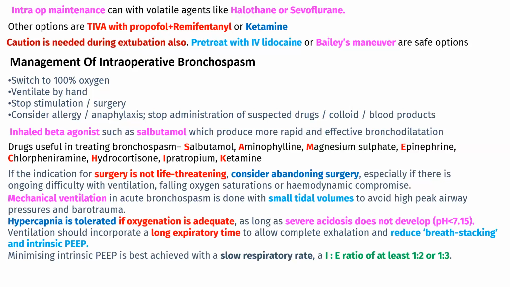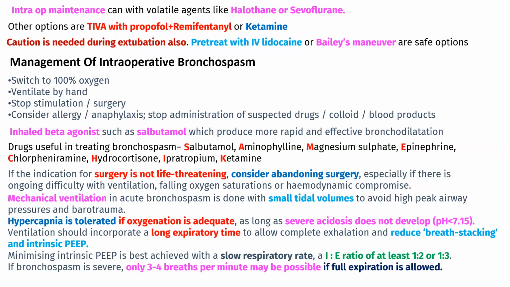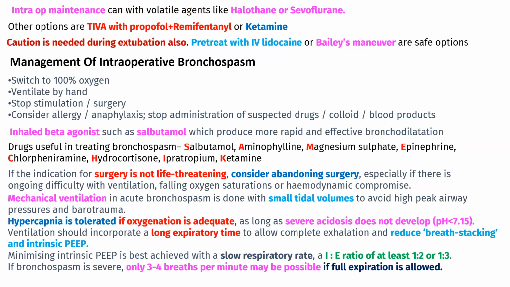Rate should be a maximum of about 10 breaths per minute. And the I:E ratio can be increased from 1:2 to 1:3 as required. And if bronchospasm is severe, sometimes only 3 to 4 breaths per minute may be possible if you allow for full expiration. So this is how you can write this whole answer within about 15 minutes.